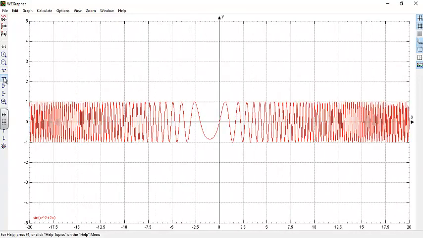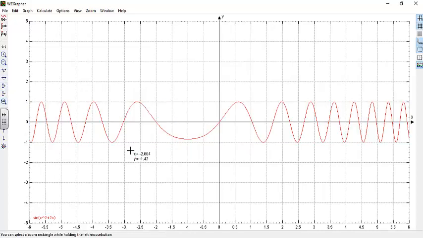So you can see as x gets larger, it oscillates more quickly. It's interesting how it's not symmetric. Anyway, I guess it is symmetric around this point, almost, maybe. It's hard to tell. I'm not sure if it's exactly symmetric.